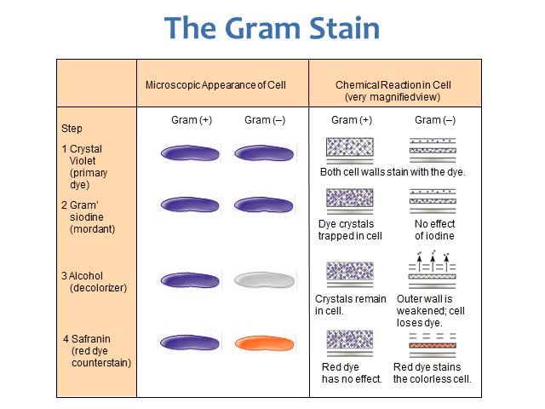The gram-negative cell wall, your crystal violet's going to be washed off with alcohol. It's a decolorizer. So if you look on the chart, by the third step, when you wash it with alcohol, your gram-positive bacteria, they're still going to be purple because that dye has been trapped inside of the cell wall.